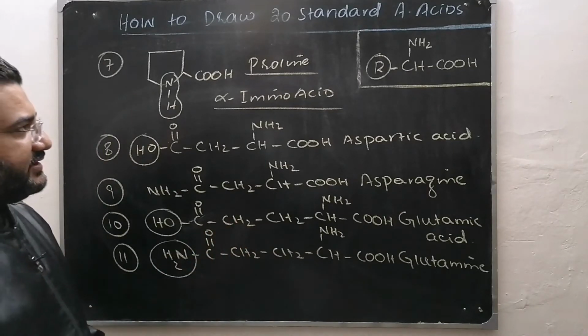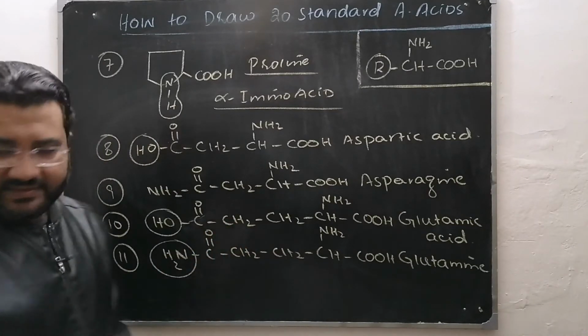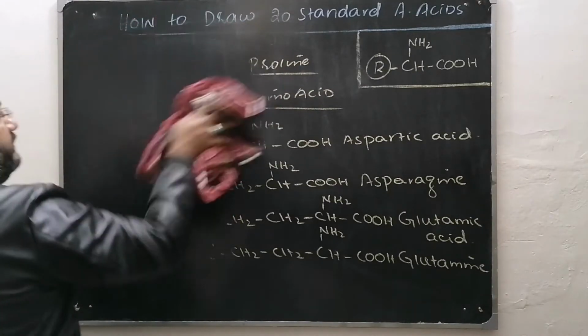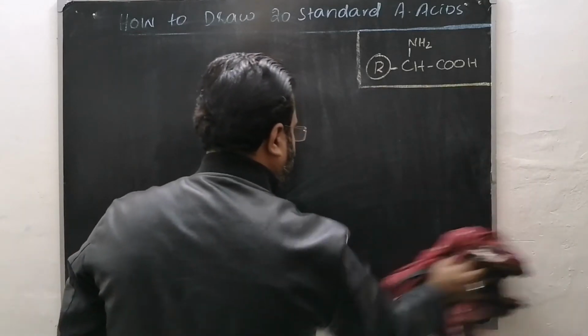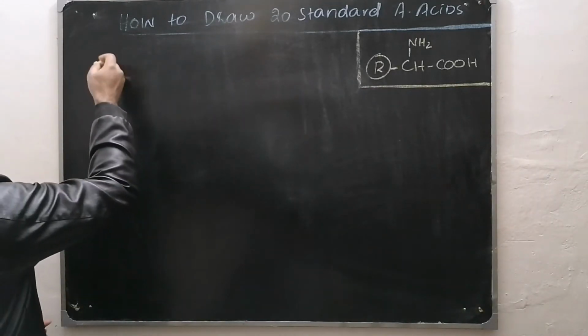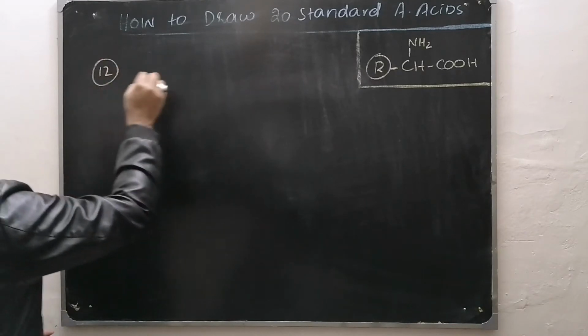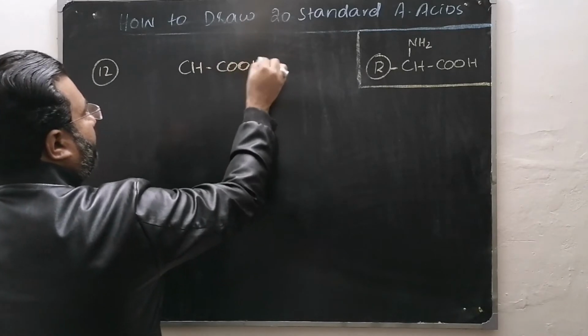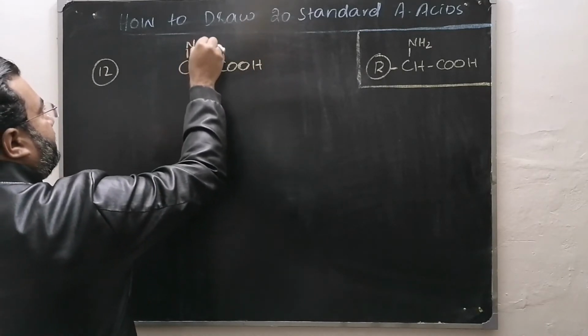We have discussed the structure of 11 out of 20 standard amino acids so far. Now let us move towards the 12th one. First of all, I will write down the common part of all the amino acids.